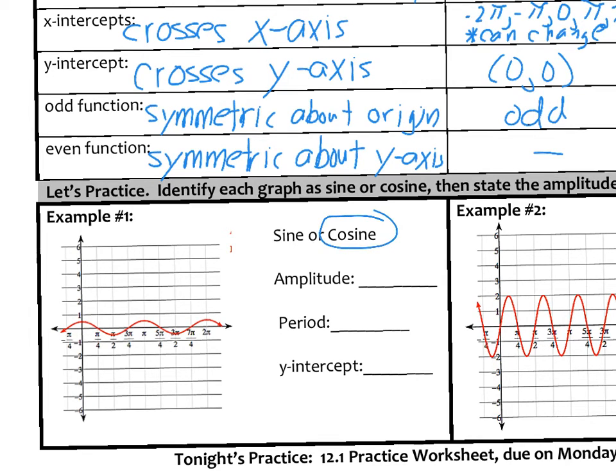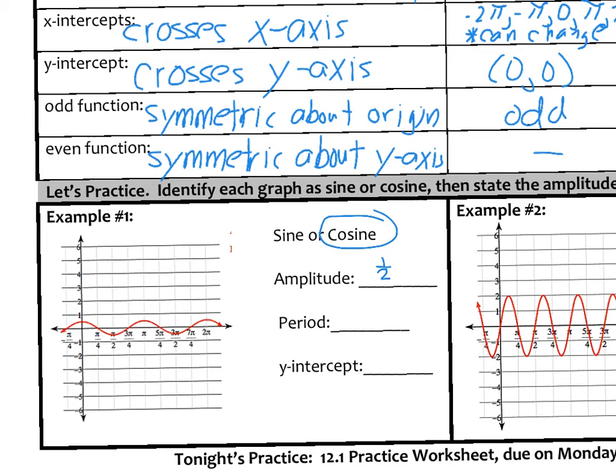Just putting those together. The amplitude, the max height is 1/2. The min height's negative 1/2. So half of that distance is just going to be 1/2. When I say half that distance, I mean half the distance between 1/2 and negative 1/2, which is a full 1.